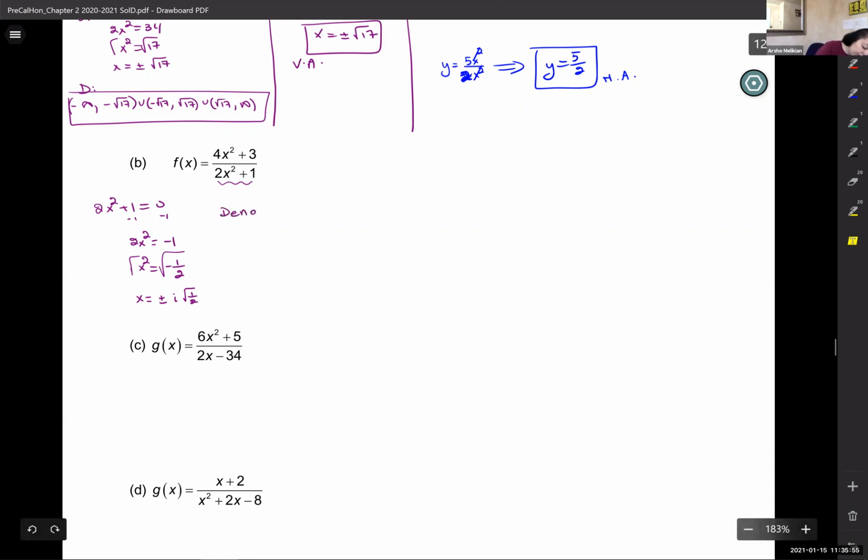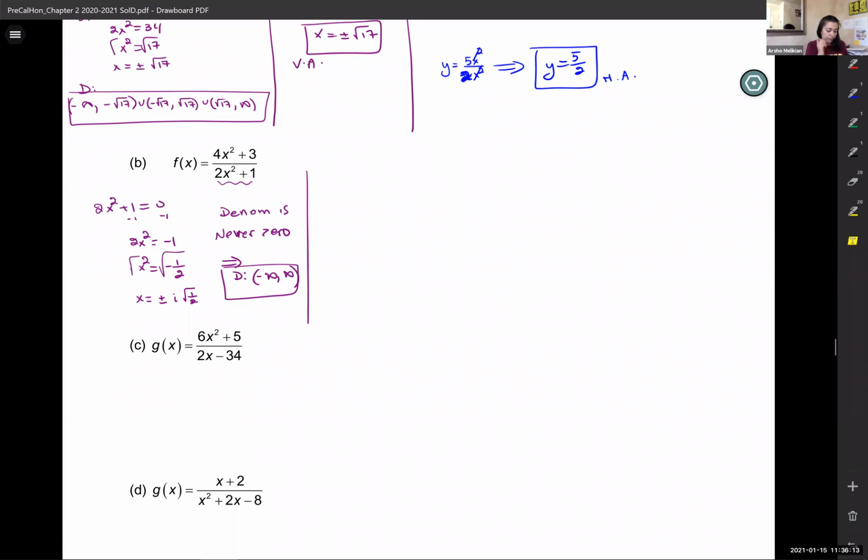So we say the denominator is never 0. What that means is the domain is all real numbers.